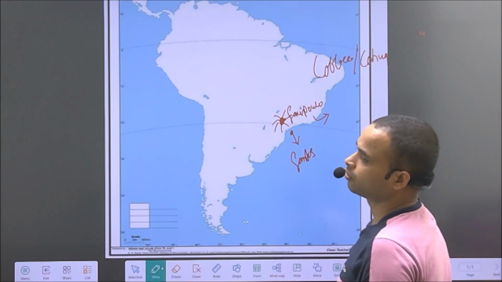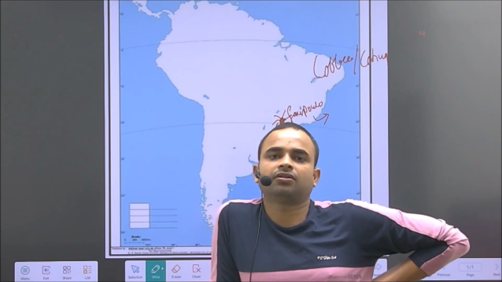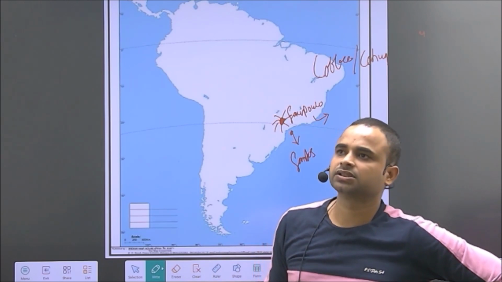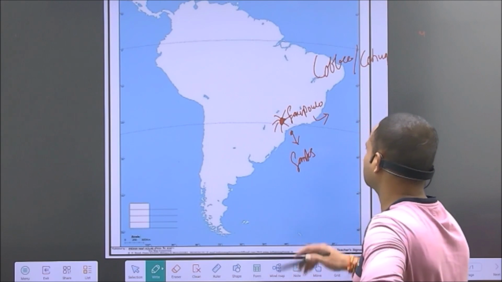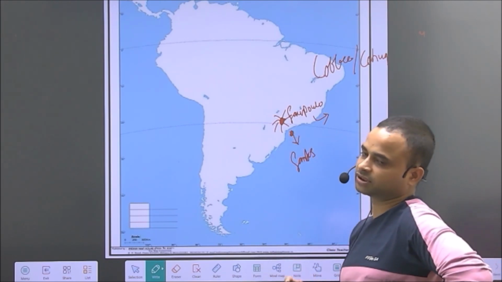And Sao Paulo is also the financial and commercial capital of Brazil. Also, I have discussed it is the largest city. So these are facts about Sao Paulo. And here you can see Santos seaport is situated.